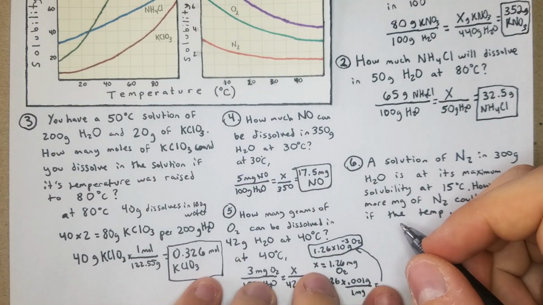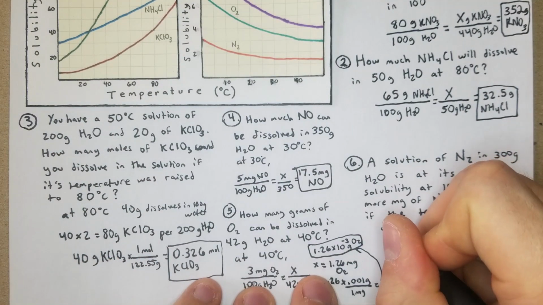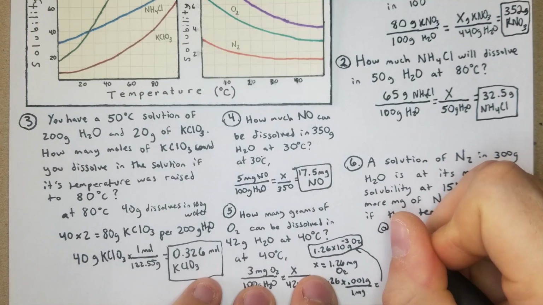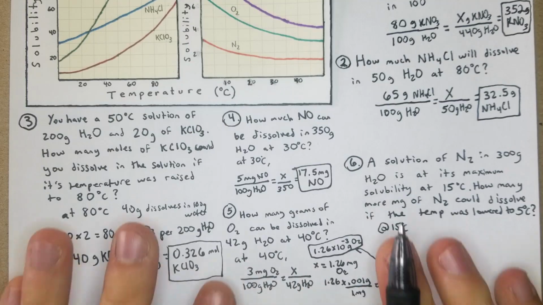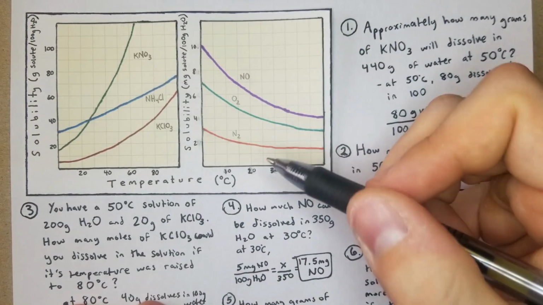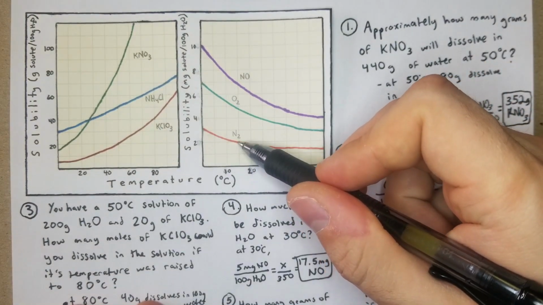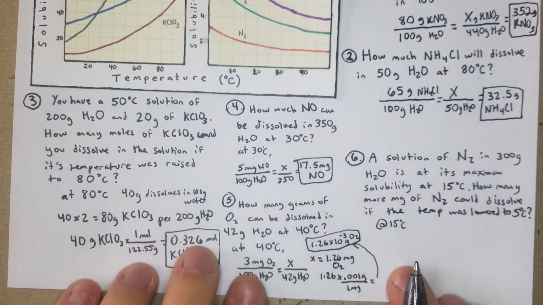First off, we're going to say at 15 degrees Celsius, we're looking at N2. So at 15 degrees, it looks like 2 milligrams.